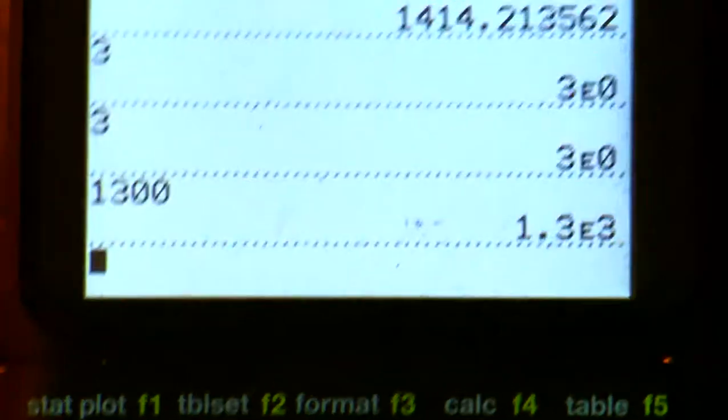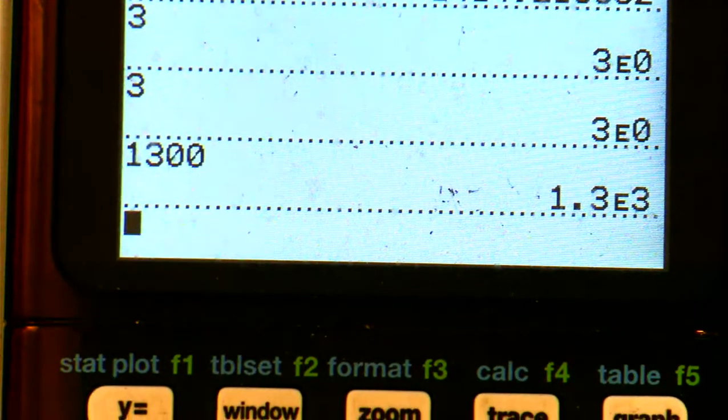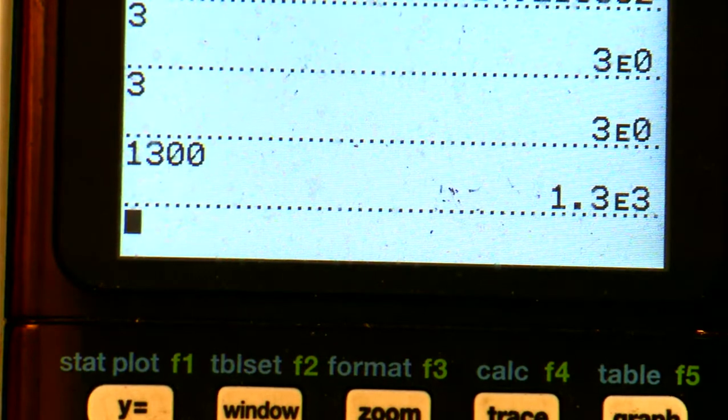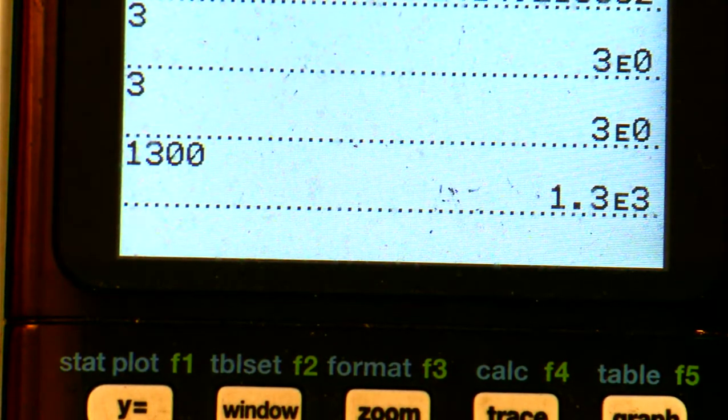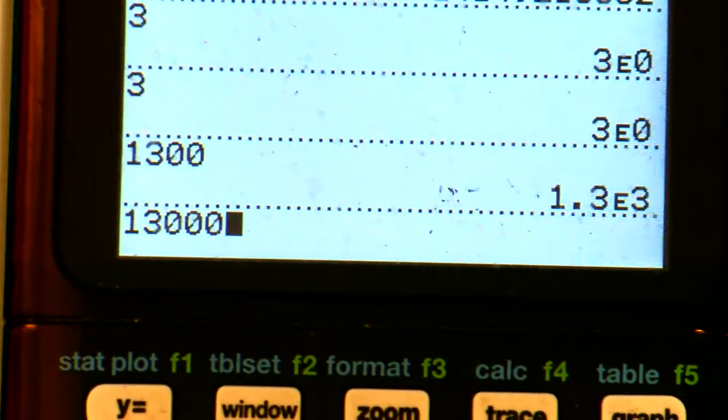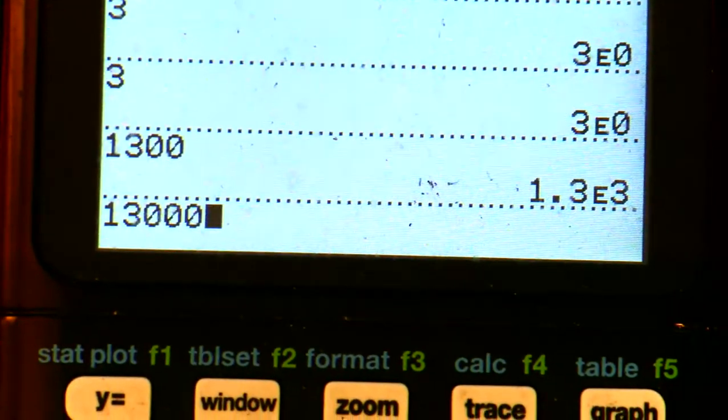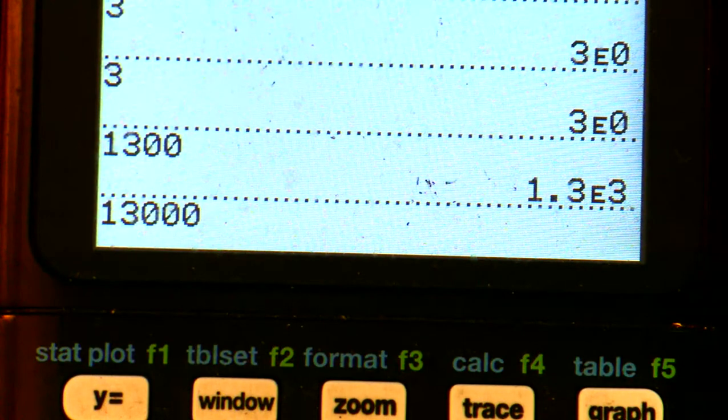And you're thinking, oh, that's scientific notation. But what if I ask it for 13,000? Well, in normal mode, that would just say 13,000. In scientific notation, that would say 1.3 times 10 to the 4th power.